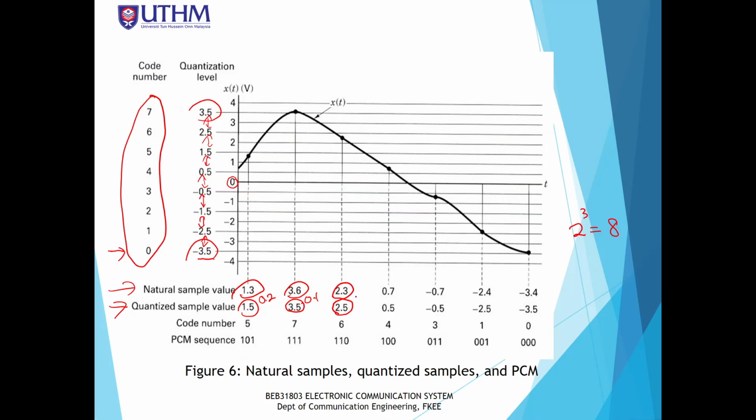That means the quantization error is 0.2, and so on. We're going to see the third and fourth line later. The third and fourth line are regarding the encoding process after the quantization.